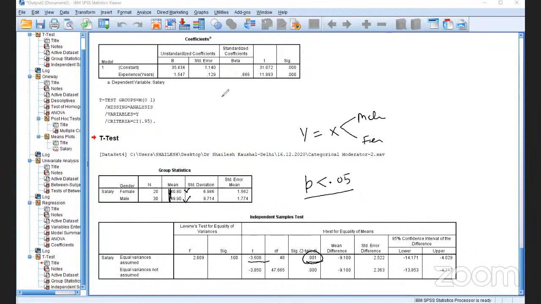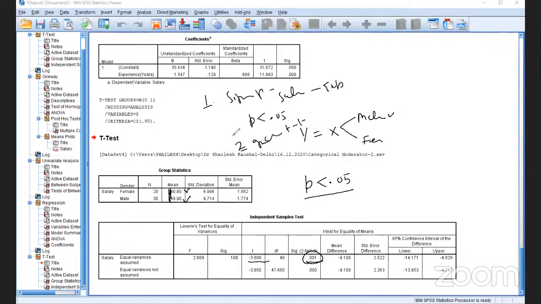So in the first step, through simple regression, we found a significant relationship between salary and experience, and through the independent t-test, we found a significant difference between the salary of male and female. So in both conditions we found a significant impact.